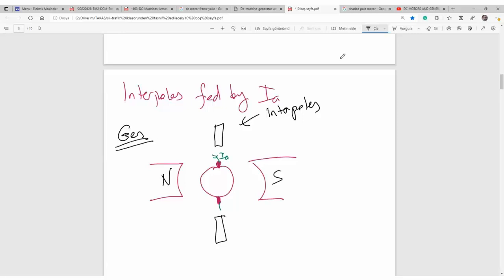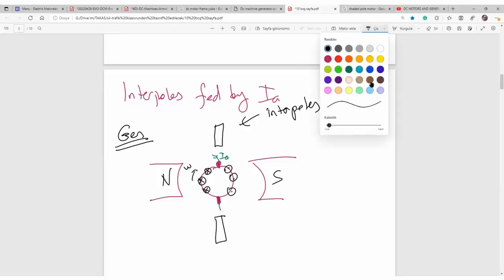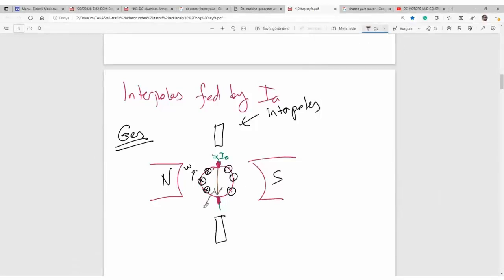So here is a conductor moving upwards in a clockwise direction. So here are the currents. Here are the dots. And then the magnetic field due to the rotor will be like this, FA. This is FF.